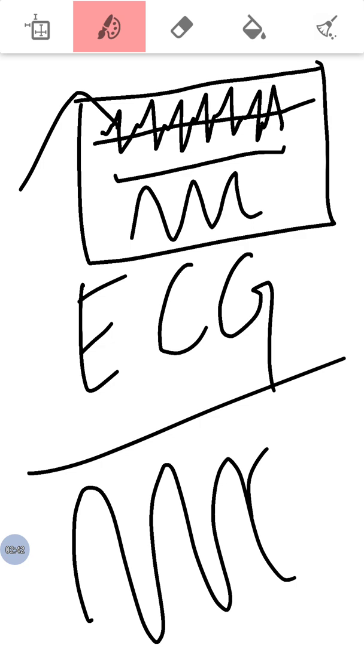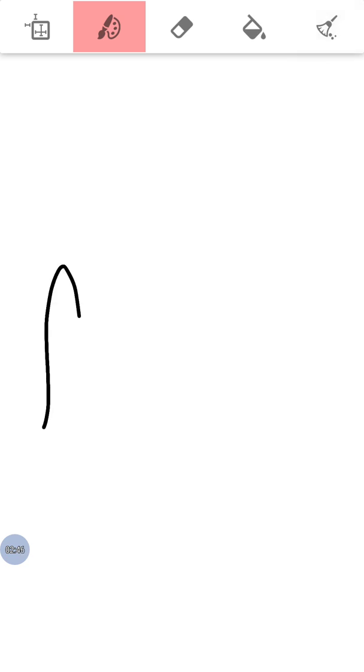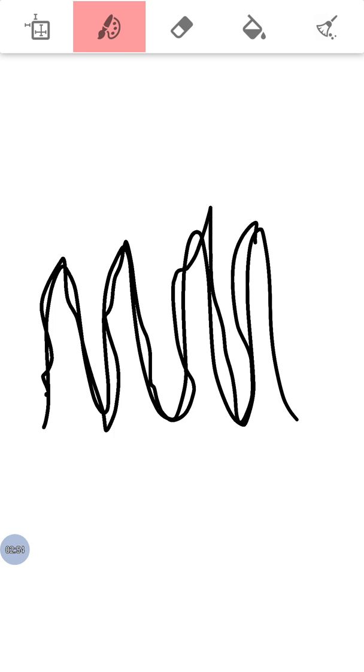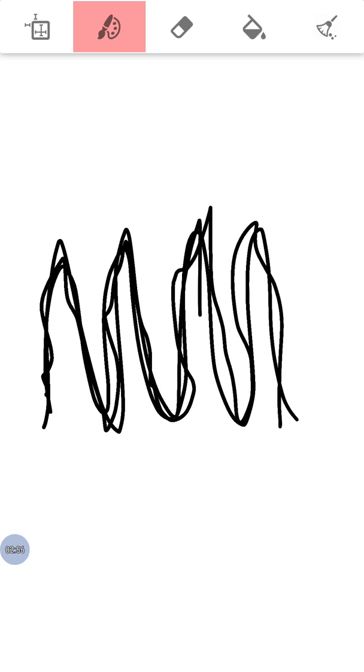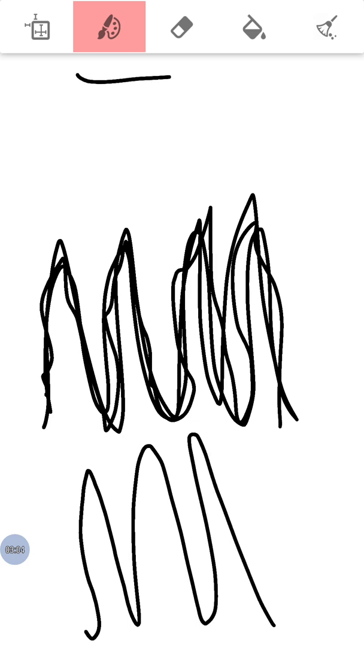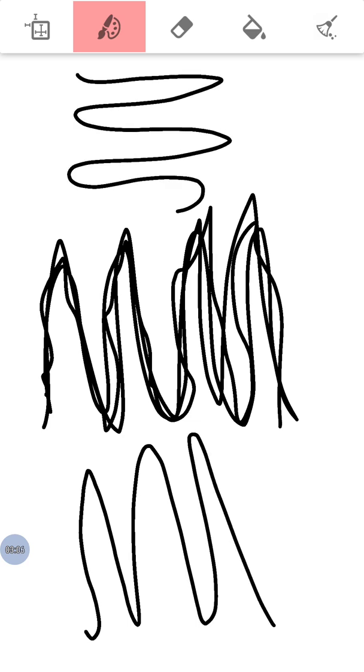So what I mean to say is that the pattern will be like this only, but the shape could differ. It could be like this also, or it could be like this also. The shape of the waves can differ, but the pattern will be like this only: up and down, up and down, or to and fro, to and fro, as I drew before and showed to you.